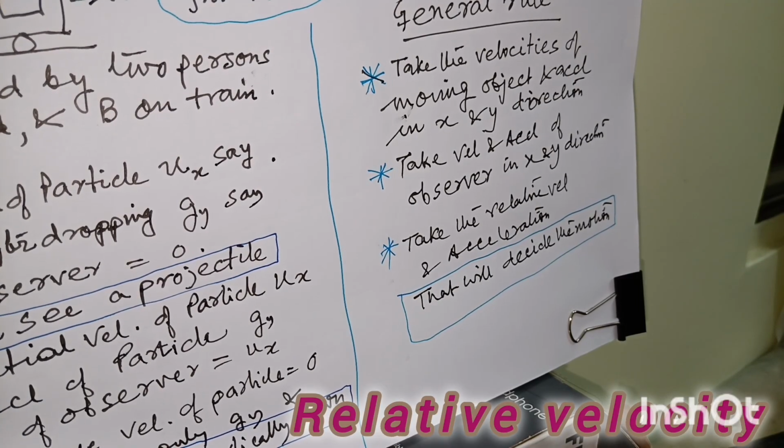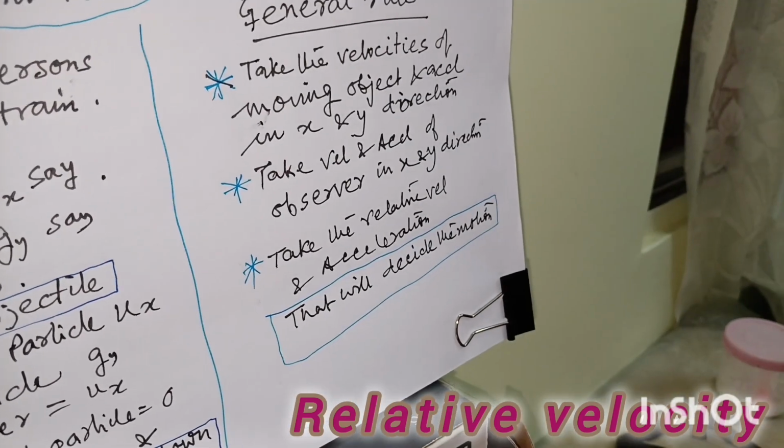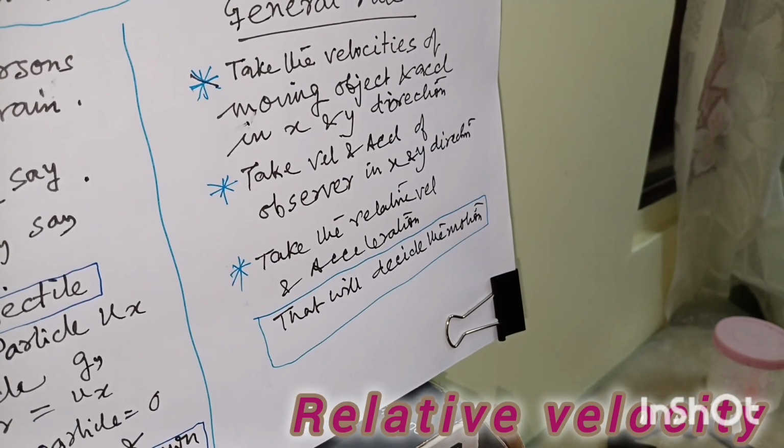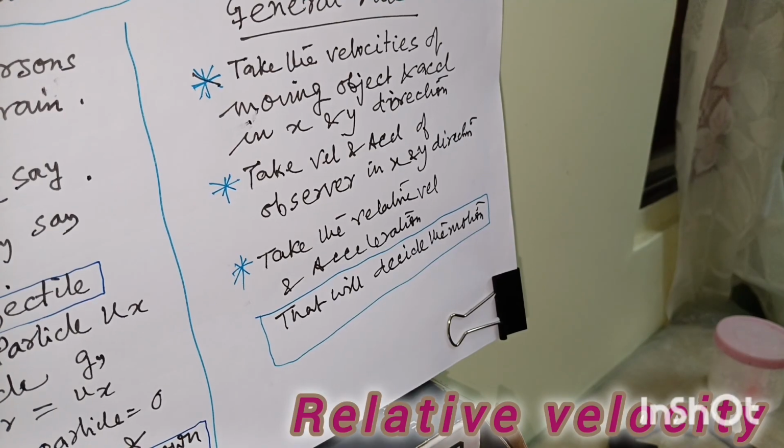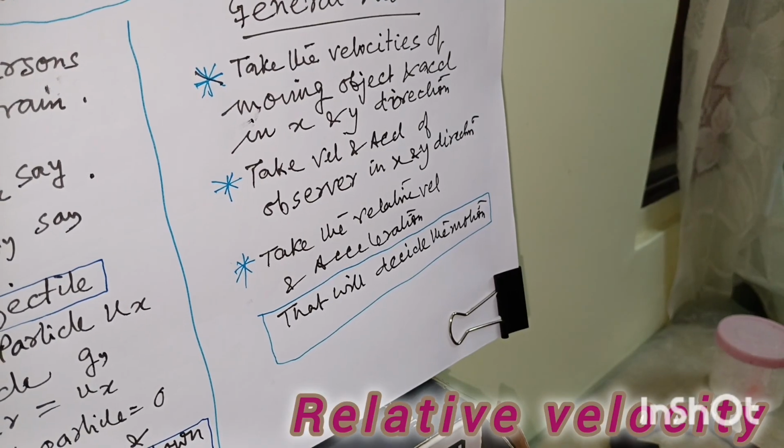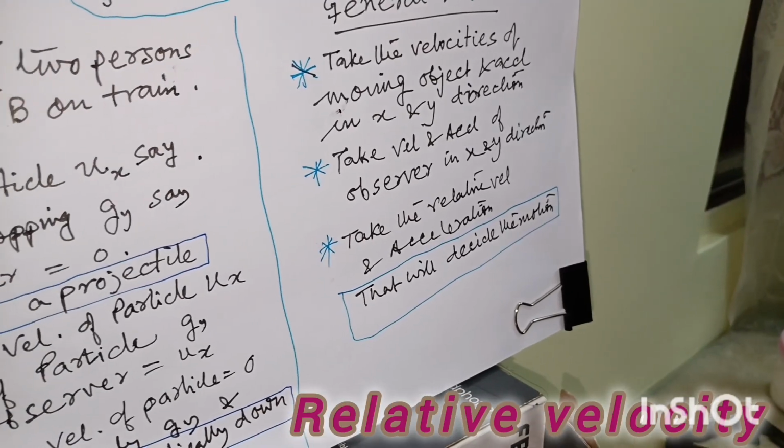The final relative velocity and final relative acceleration will determine the nature of motion observed by the observer. That means the motion will not be the same for each observer. It depends on the velocity of the observer.